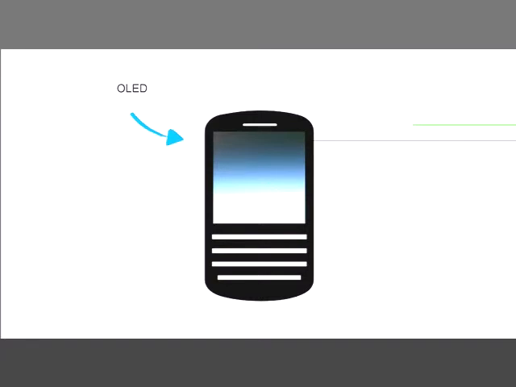So the first thing is that if you think of each pixel as a flashlight, and they are turned to black, those flashlights aren't consuming any battery at all in terms of the screen. But when you make everything white, that's consuming much more battery.